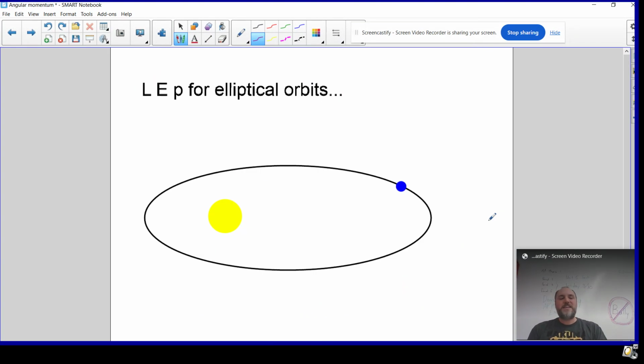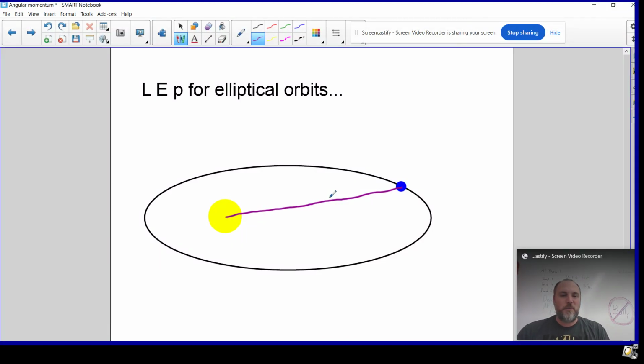Okay, the last thing I wanted to talk about, I do want to go back to Kepler's second law. One thing we said about Kepler's second law was that in an orbit, like an elliptical orbit of a planet going around the sun or a moon going around a planet, the area swept out by a line connecting the sun to the planet is constant for equal time intervals.